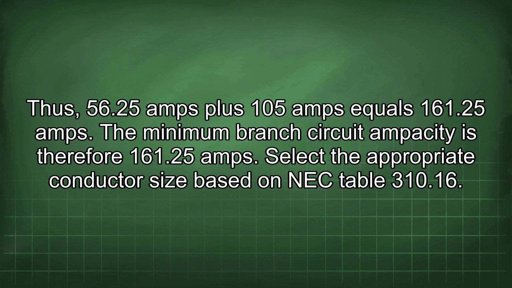Thus, 56.25 amps plus 105 amps equals 161.25 amps. The minimum branch circuit capacity is therefore 161.25 amps. Select the appropriate conductor size based on NEC Table 310.16.